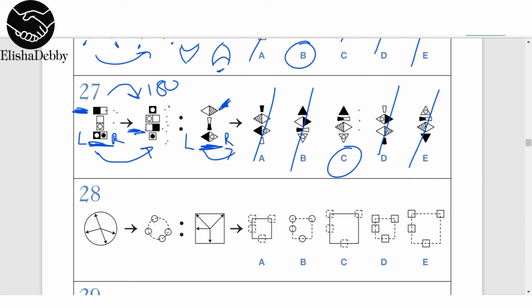So number 28, let's see. Here you have a circle with 4 arrows in different directions. So we can see that these are in that direction, and that is where these ones are as well.